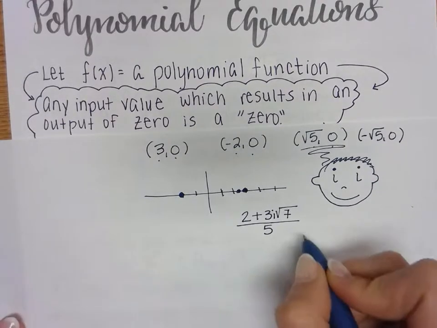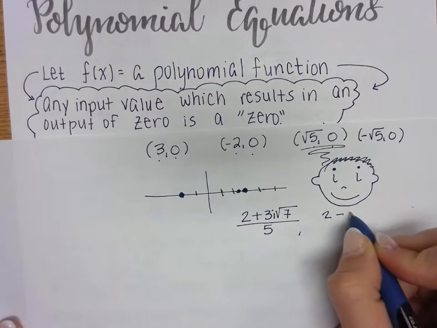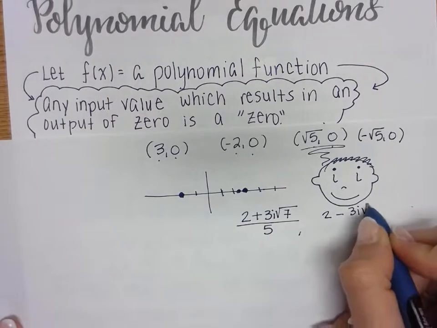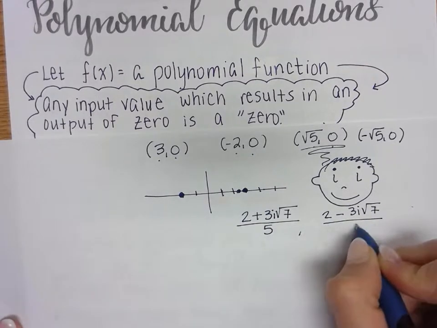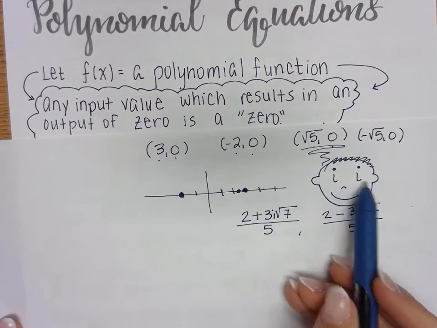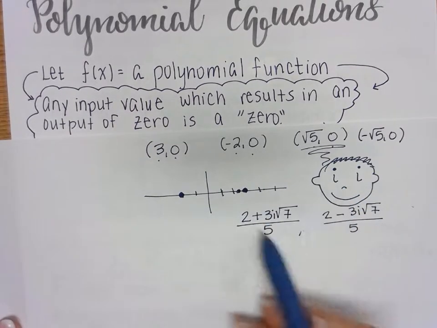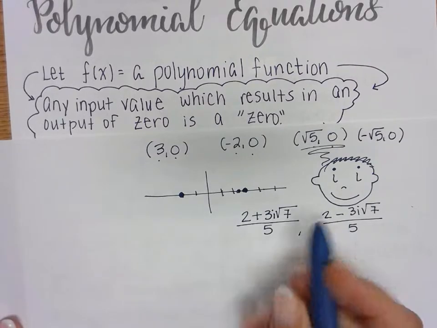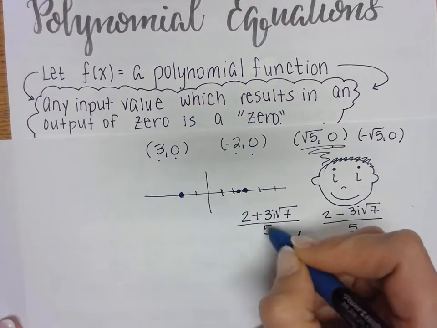Well, guess what else you got? You definitely also got 2 minus 3i square root 7 all over 5. So our imaginary roots, and imaginary also starts with an i, also come in pairs. So this would be that value and that value.